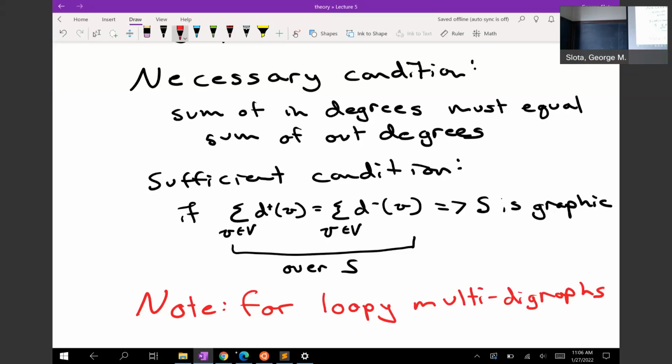So if the degree sum formula holds, you can construct the realization with loops and multi-edges. But it's pretty trivial because you can just start throwing multi-edges. Self-loops is necessary. But yeah, figure just prove this for loopy multi-digraphs, and really it's kind of the same idea with undirected simple graph, or undirected graphs, not simple, loopy and multi.